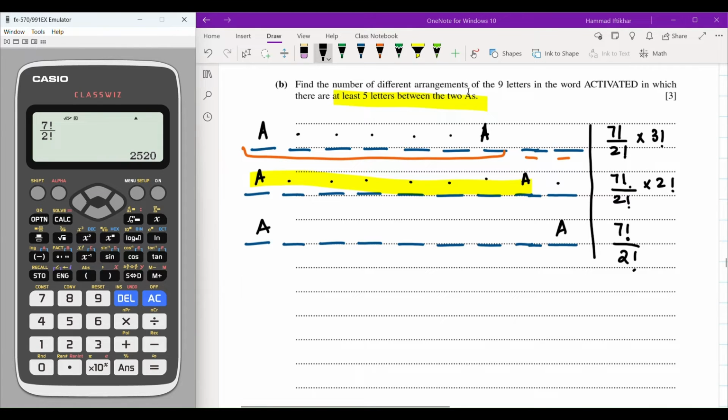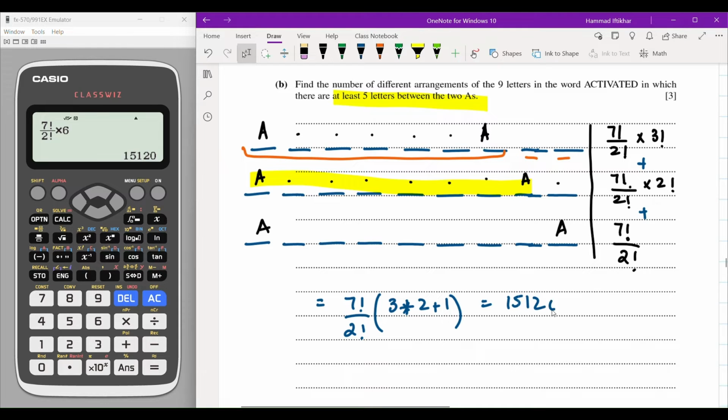Since we are adding them because they are different OR cases, like 5 letters between the A's, or 6 letters between the A's, or 7 letters between the A's, we'll be adding them up. So this becomes 7 factorial divided by 2 factorial times 3 plus 2 plus 1, so times 6, which is 15120.